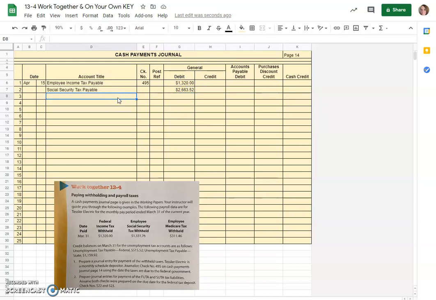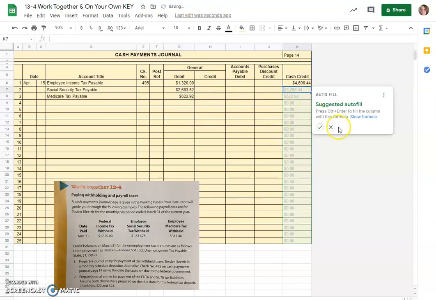And then same thing on the Medicare tax payable. $311.46 times 2 is $622.92. And then of course the cash credit will be all of these added together. So $4,606.44.